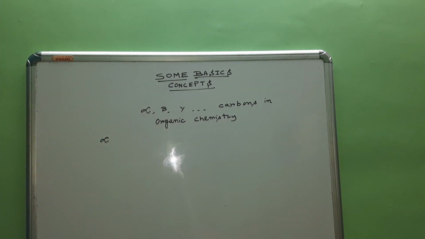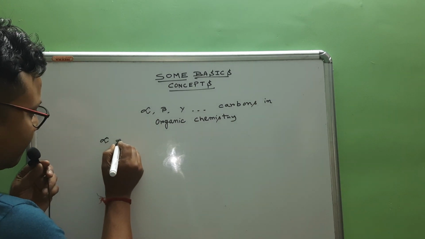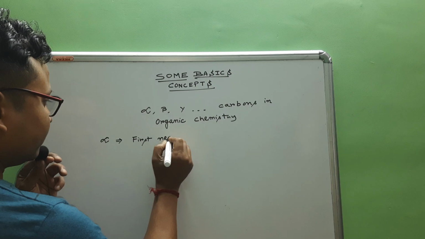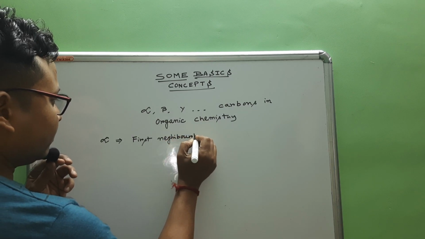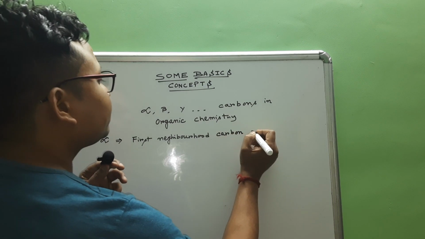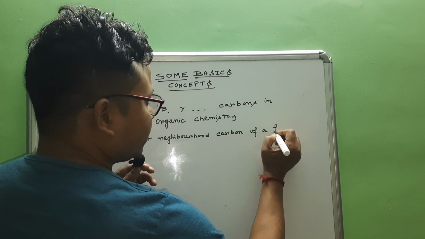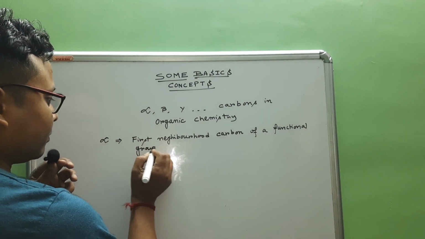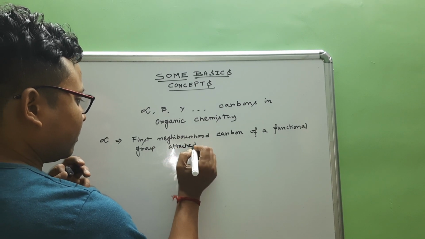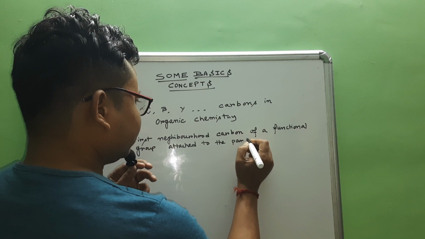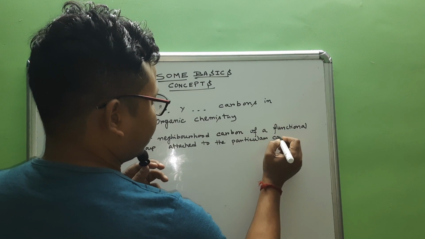The alpha carbon is the first neighborhood carbon of a functional group, the first neighborhood carbon of a functional group attached to the particular carbon atom.